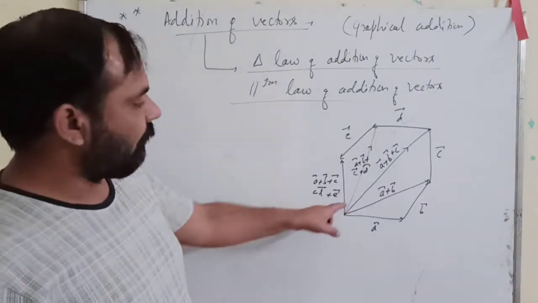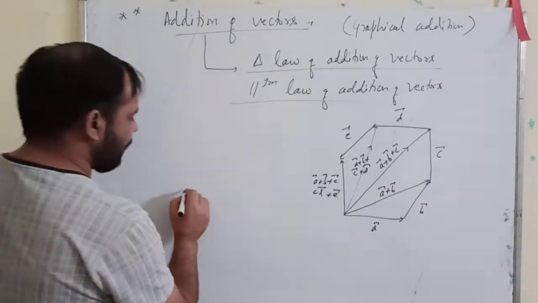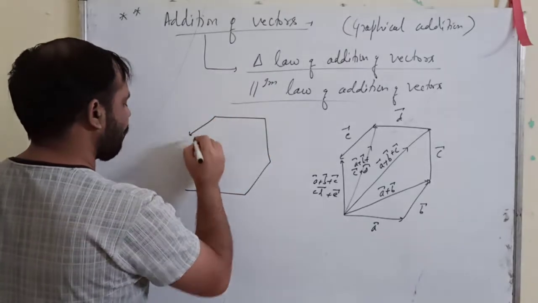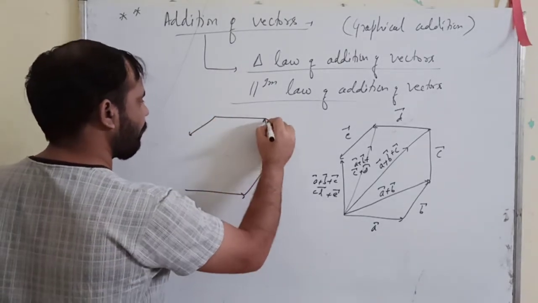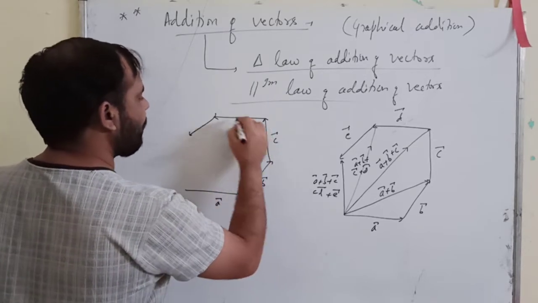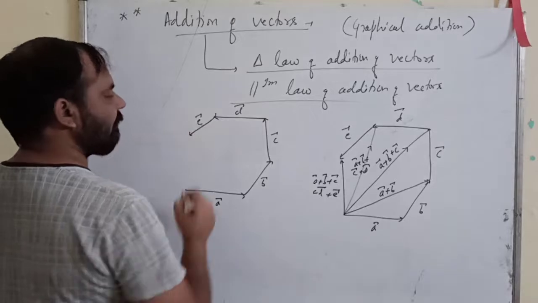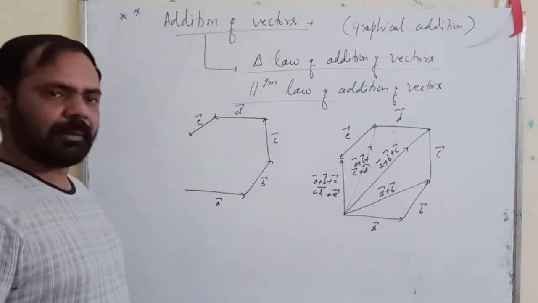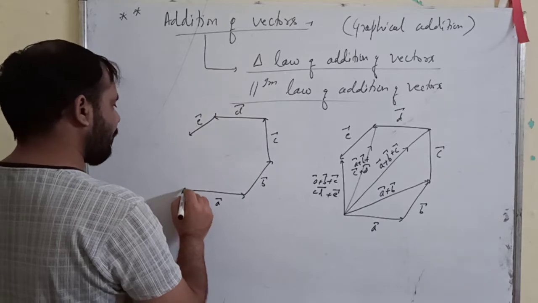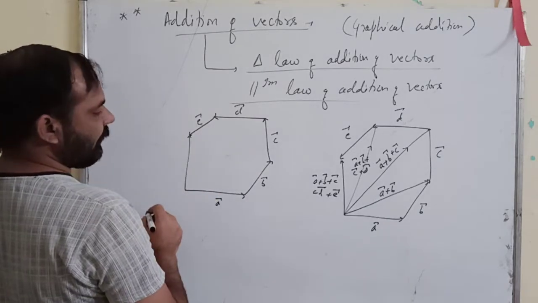So finally, suppose I have a few vectors: A vector plus B vector plus C vector plus D vector plus E vector. Then my resultant vector, the final vector, will be represented by this one.